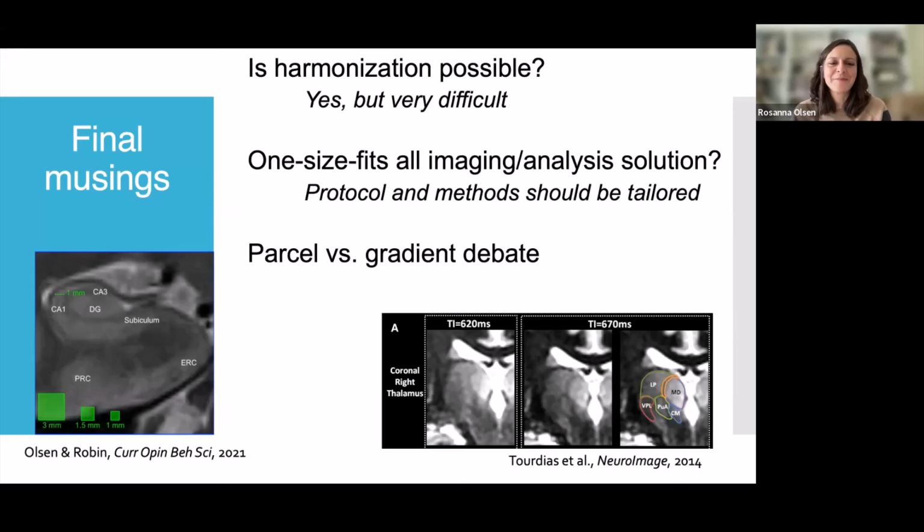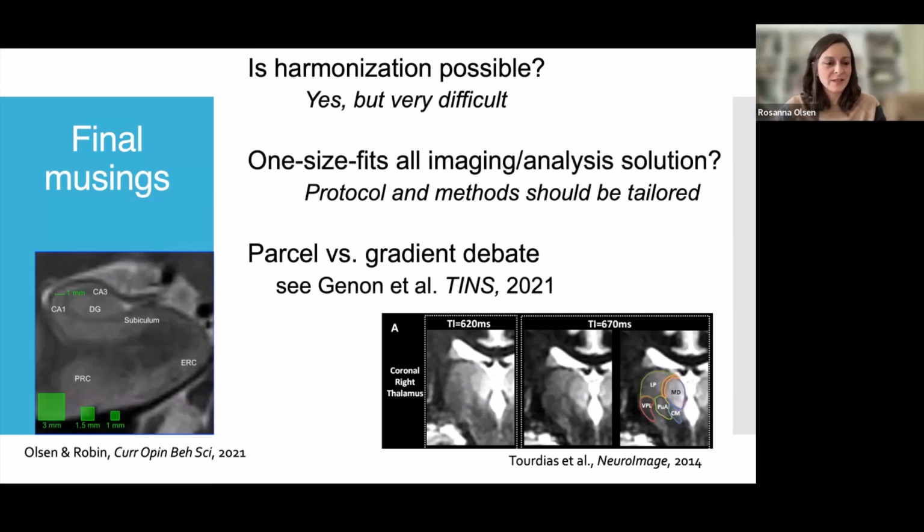I also wanted to bring up a topic which hasn't really been broached much except by Eric earlier today: there's currently a debate in the neuroscience literature about what's the most meaningful delineation of regions such as the hippocampus and the thalamus. Is it going to be based on the parcellation schemes we've all come up with based on cytoarchitecture, or are there other, more meaningful functionally based delineations to consider?